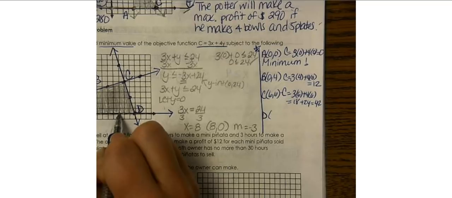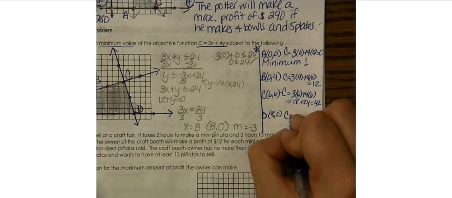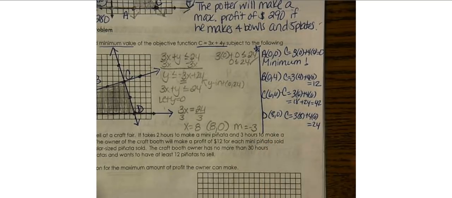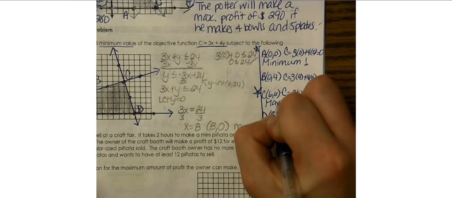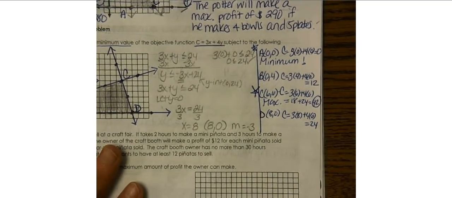And so I have C is equal to 3 times 8 plus 4 times 0, and that's going to be equal to 24. So in this case, letter C is going to be my maximum value. And the maximum value in this case is going to be 42. And my minimum in this case is 0, and that's located at 0, 0.